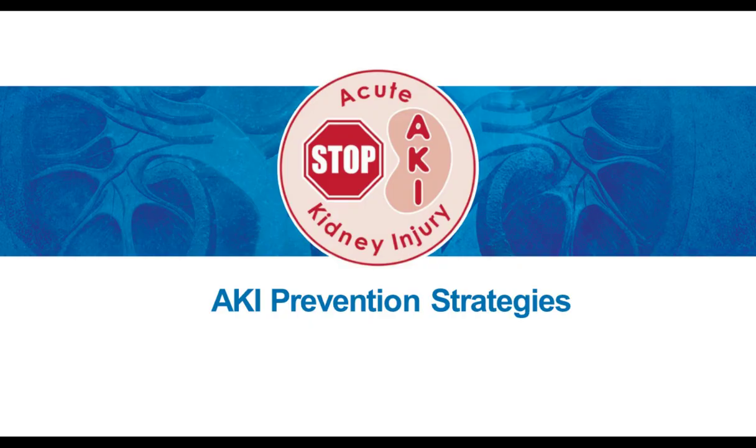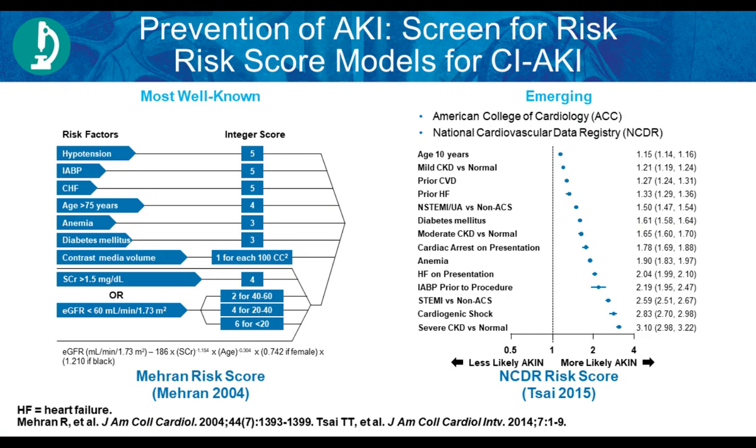Now let's talk specifically about strategies for preventing AKI. First, in terms of identifying who's at risk for AKI, the most well-known of the risk calculators out there is the Mehran risk score, which was published in 2004. This risk score uses the previous RIFLE definition of AKI, which was a 0.5 rise in creatinine.